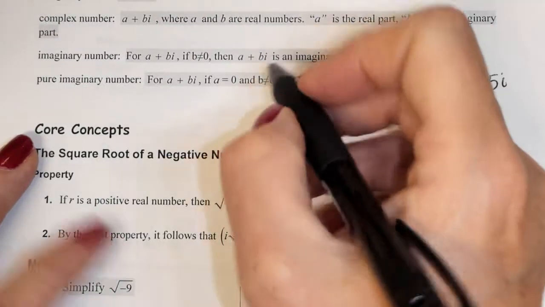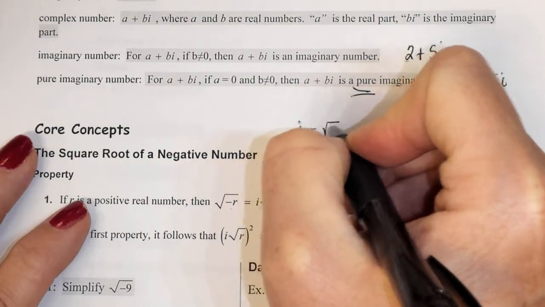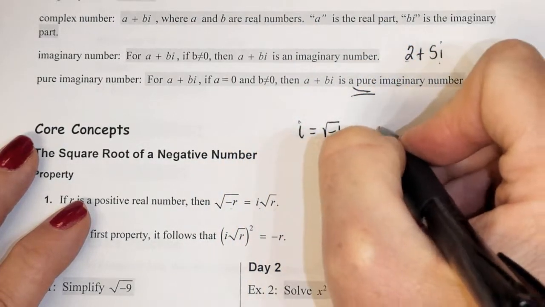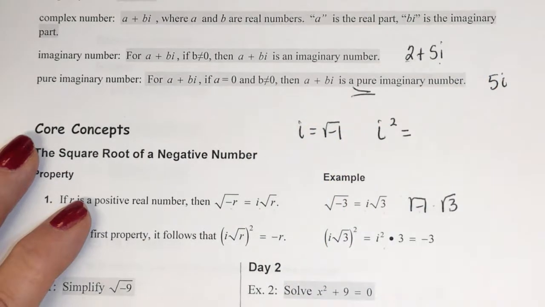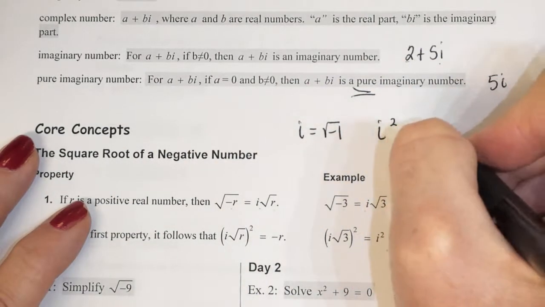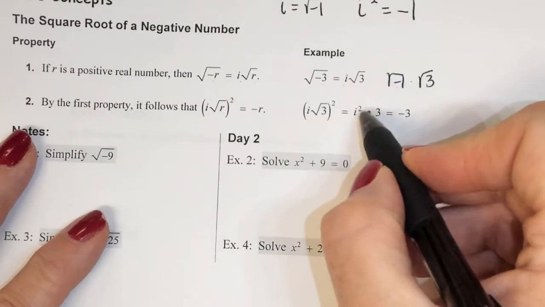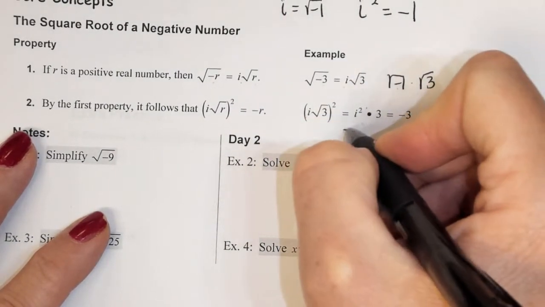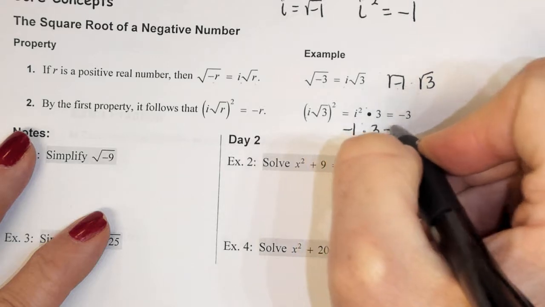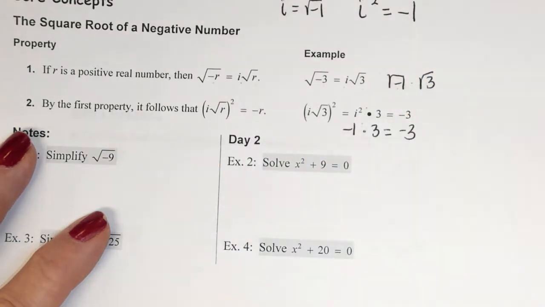What do you think i squared is? If we know i equals the square root of -1, what is i squared going to equal? -1, right. Okay, so here we've got i squared, so that's going to be -1 times 3, and so that's going to be -3.